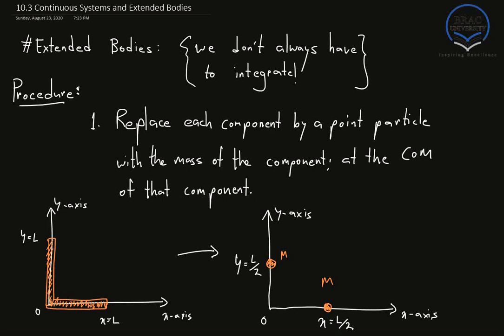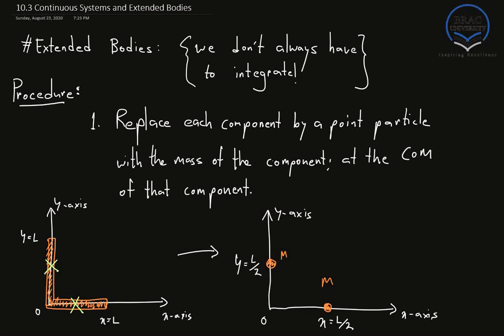So we know that the rod on the x-axis has a center of mass here, and we know that the rod along the y-axis has a center of mass here. Let's suppose that these two rods both have mass m. So to replace them, we put one particle of mass m at x equal to L by 2. Another particle of mass m lies at y equal to L by 2 that replaces this rod.